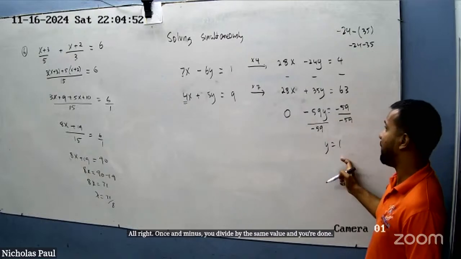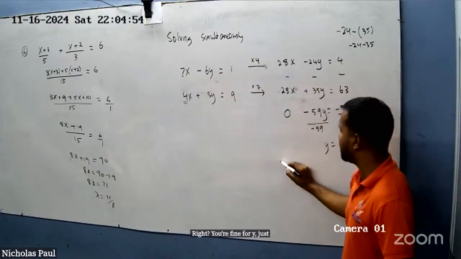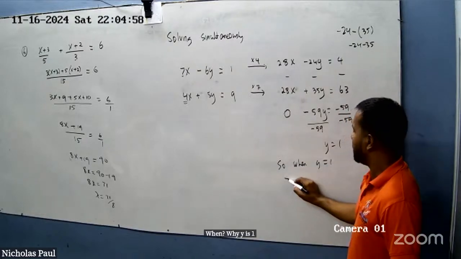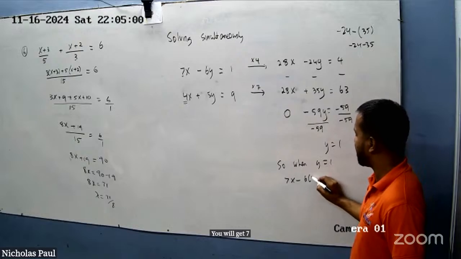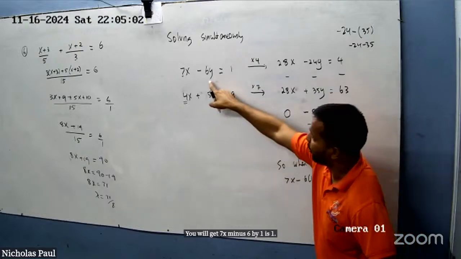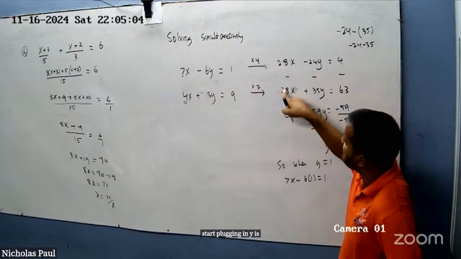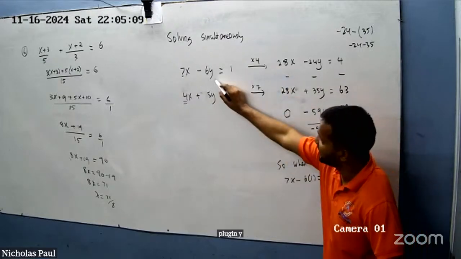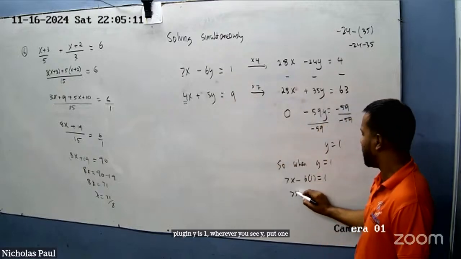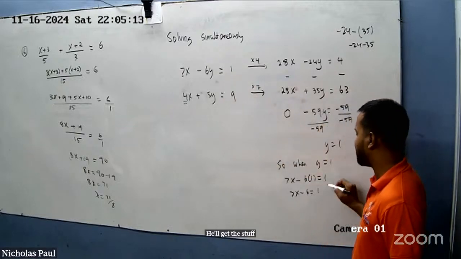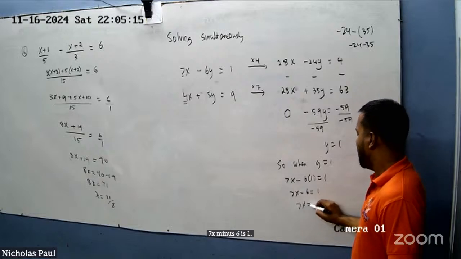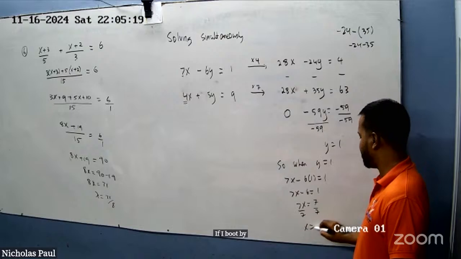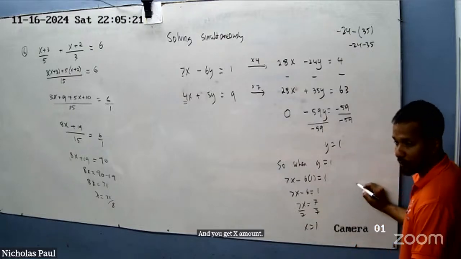Now that you have y, just plug it in. You could choose any of these equations you want. Plug in y is 1. Wherever you see y, put 1. You'll get 7x minus 6 is 1, so 7x is 7. Divide both sides by 7 and you get x is 1.